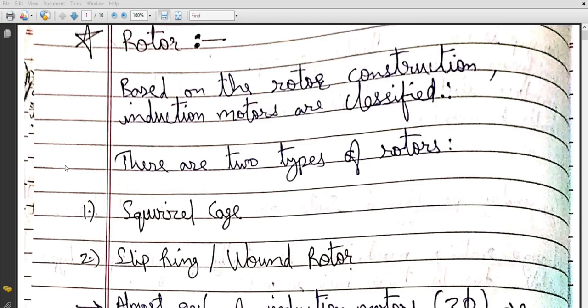Number one is the squirrel cage type, or you can also say a cylindrical type induction machine.